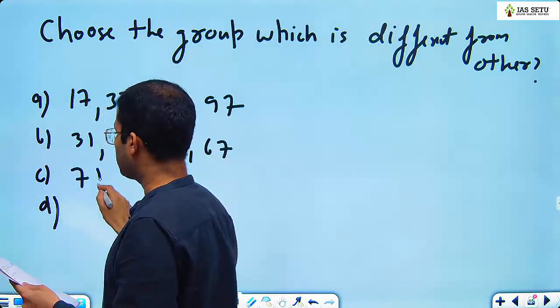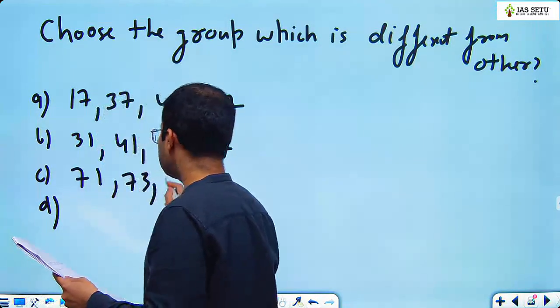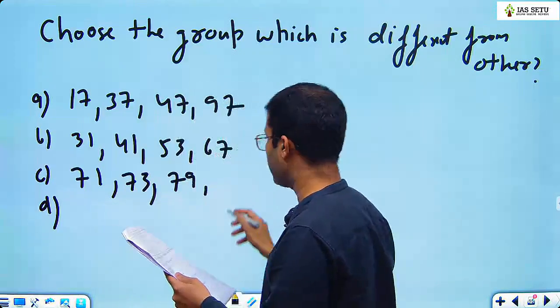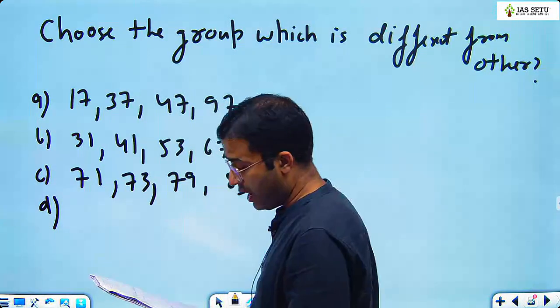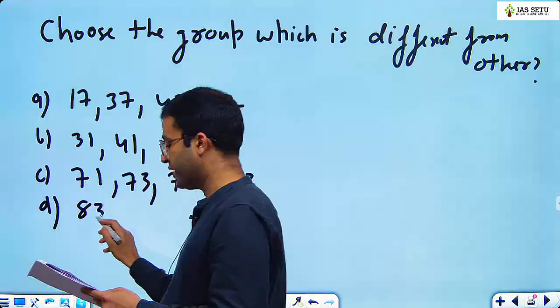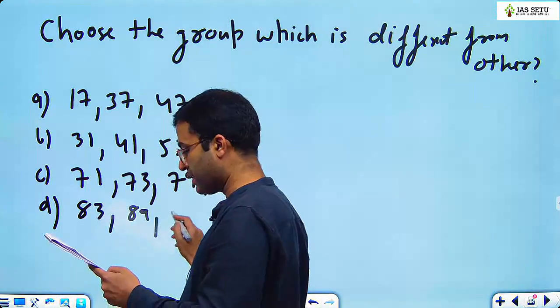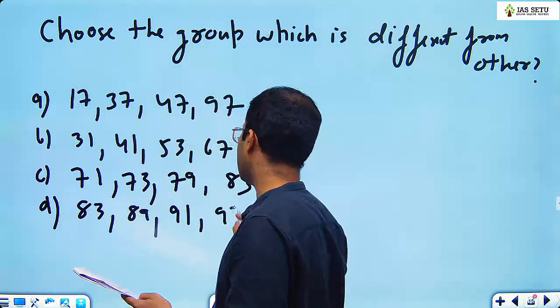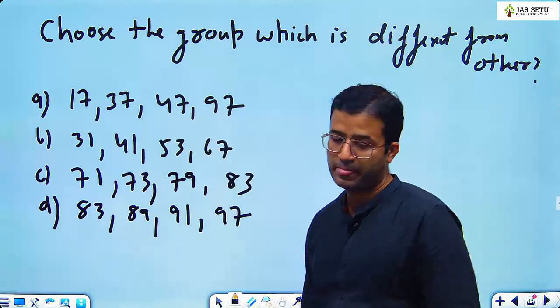In answer option C, 71, 73, 79, 83. Answer option D, they have used 83, 89, 91, 97.